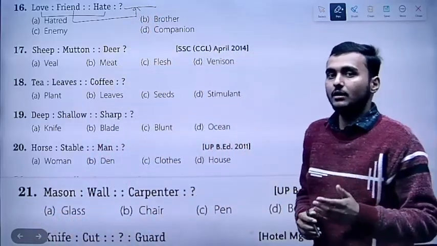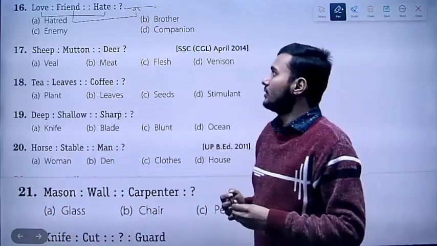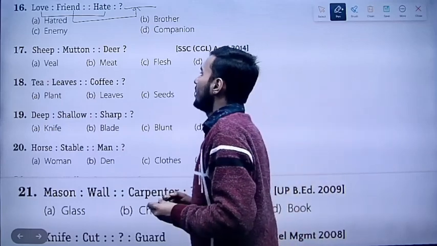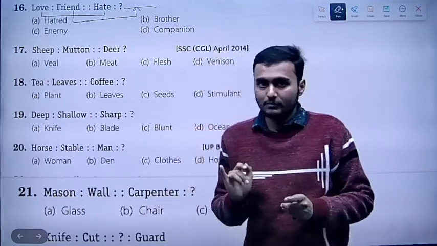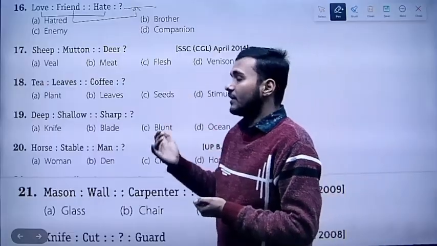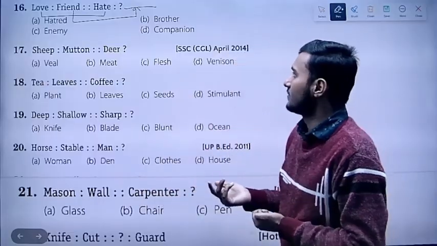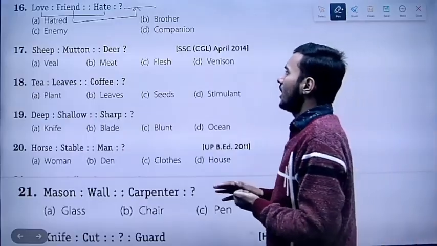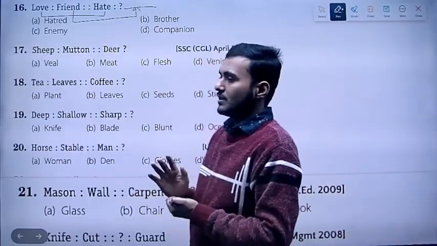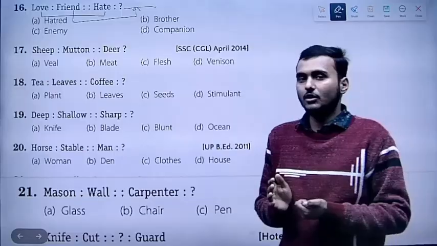I already told you in previous slides that there will always be two types of relationship in an analogy question. The first will be a basic relation and the second an advanced relation, and we have already done around 15 questions. We found all simple analogy questions.